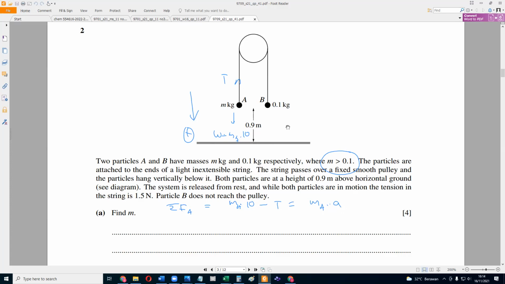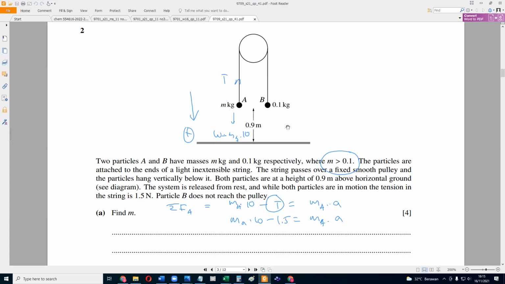Now, in this case, we know that the tension is going to be 1.5. So we can calculate here that mass A times 10 minus 1.5 is going to be mass A times the acceleration, which we don't know yet.